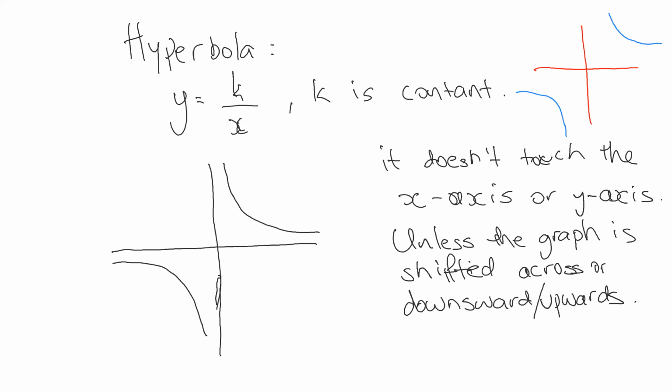That means your constant, which is k, is getting bigger and bigger, becoming a huge number. So as k increases in value, your graph will actually move away from the origin of the graph.